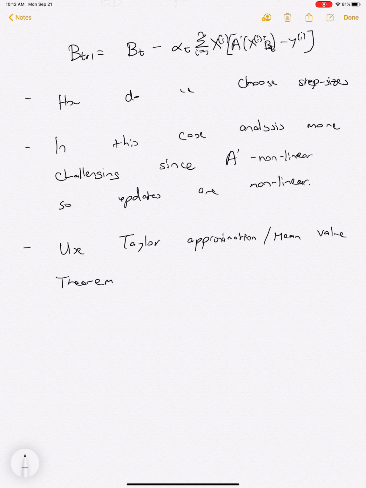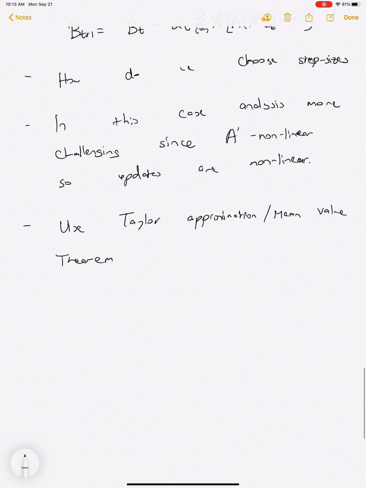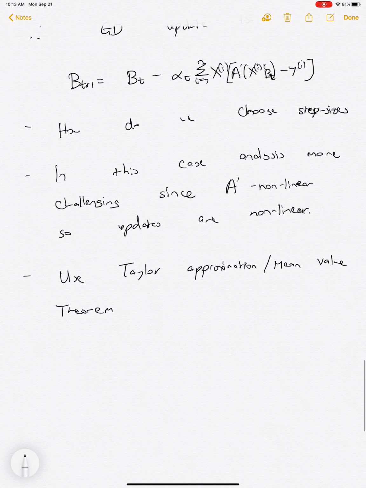So the whole point of doing this analysis is it gives you a bit of a sense of how to choose step sizes. Okay, so using the Taylor approximation we're going to try to approximate A prime of x_i transpose beta_t by a linear objective.